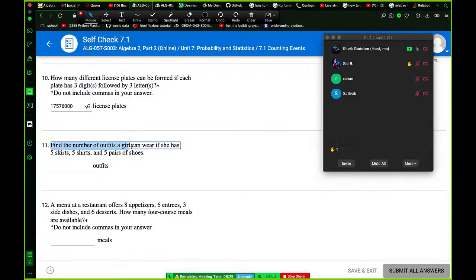Find the number of outfits a girl can wear if she has 5 skirts, 5 shirts, and 5 pairs of shoes. So, Satvik, do you want to do this one? Yeah, I'll try.